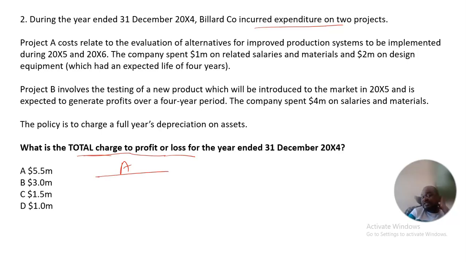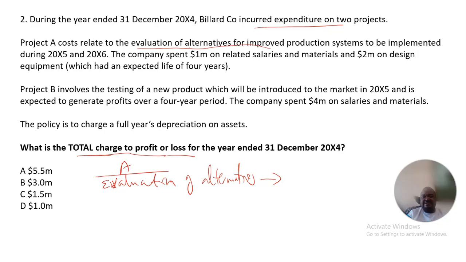The costs are relating to the evaluation of alternatives for improved production systems. So you ask yourself, evaluation of alternatives. Are these research expenditure or development expenditure? When we are still evaluating alternatives, obviously we are still doing some research.